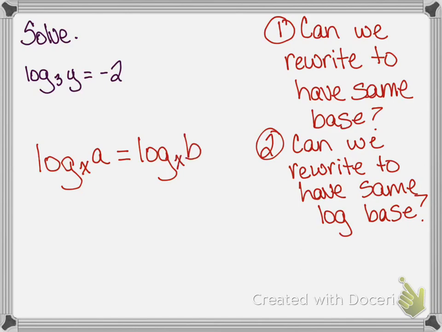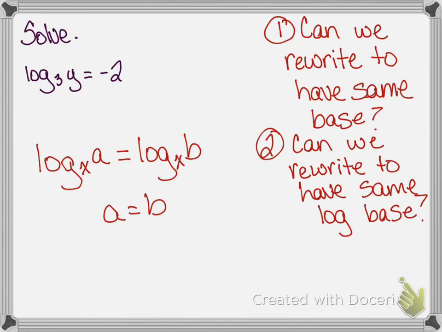They're equal. Okay, so 1 and 2 are similar. One's just with exponents and one's with logs. Now, for both of those, you have to have that for both sides. So you've got to have a log on both sides, and you've got to have the same base raised to a power on both sides. If it's not on both sides, you can't do it.